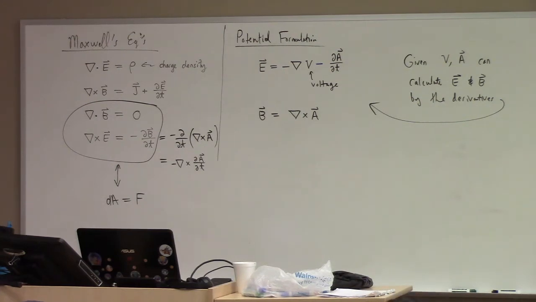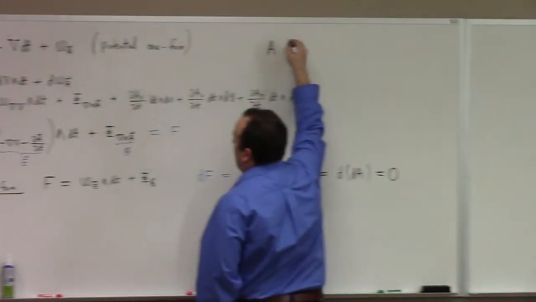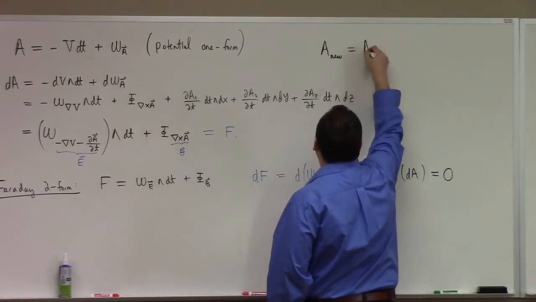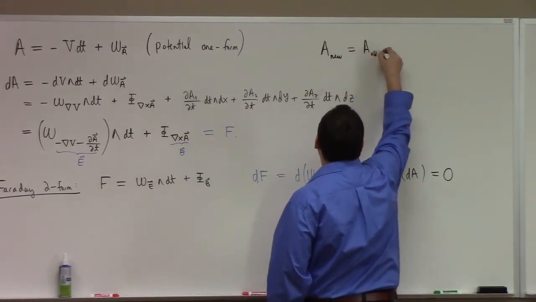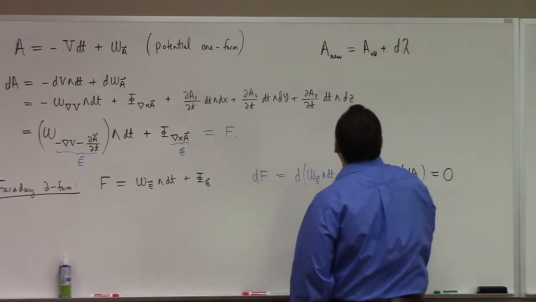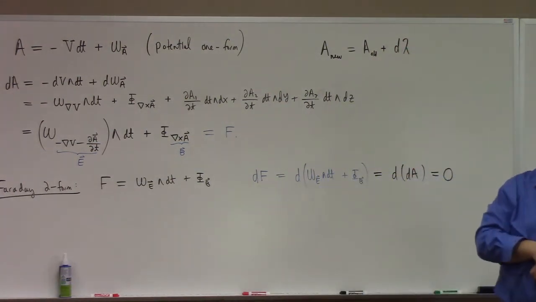But the other thing that's really cool about this is you get to see what gauge freedom looks like. What if I took A and I made a new A, which was the old A plus the exterior derivative of any function you like of space and time, lambda?